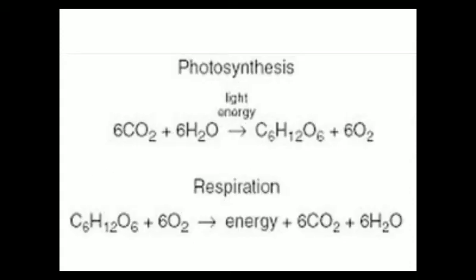In this diagram, it will be clear. This is the equation for photosynthesis and this is the equation for respiration. In the equation for photosynthesis, we can see that 6 molecules of CO2 combine with 6 molecules of H2O in presence of light energy to produce 1 molecule of glucose and 6 molecules of oxygen.